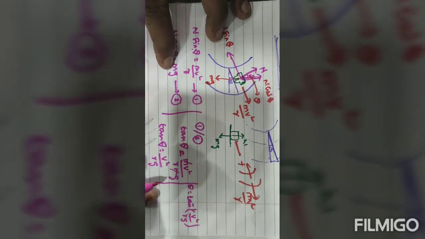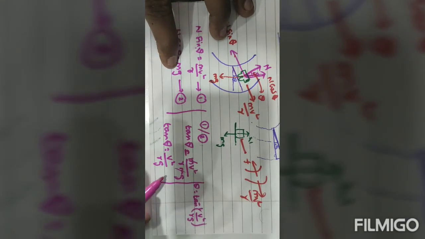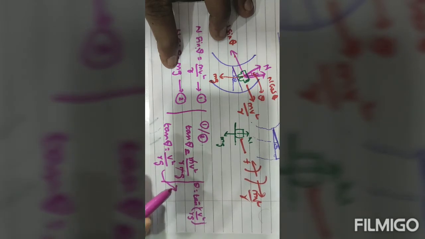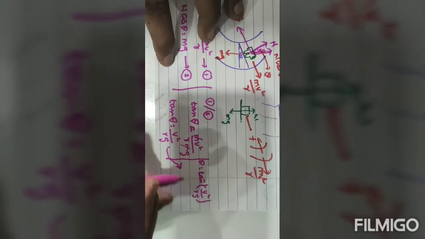Suppose in this question you want to calculate the velocity, we can find it: velocity squared is equal to rg tan theta. Therefore velocity is equal to the whole root of rg tan theta.